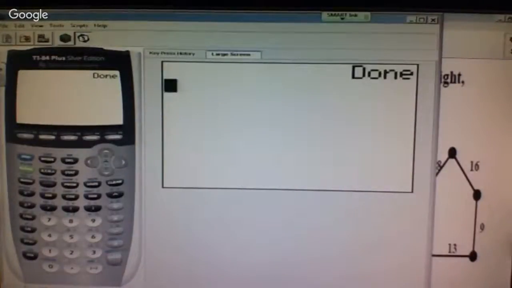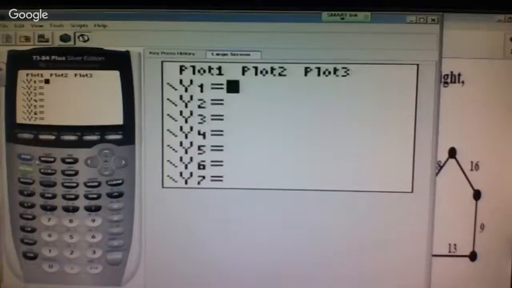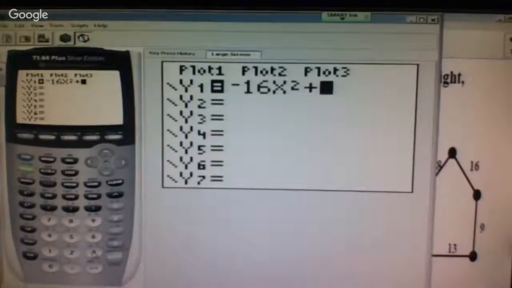Are you trying to find... Yes. Let's see. We can't figure out C until we figure out B.